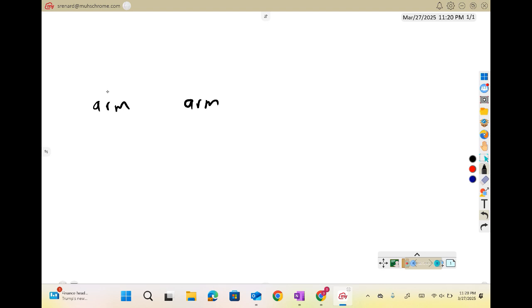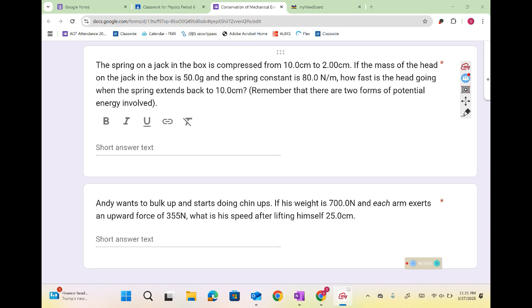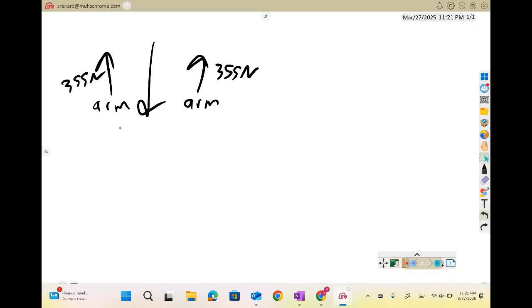This arm is going up with 355 newtons. This arm is going up with 355 newtons. Then we know the body's weight is going to go down with 700 newtons.